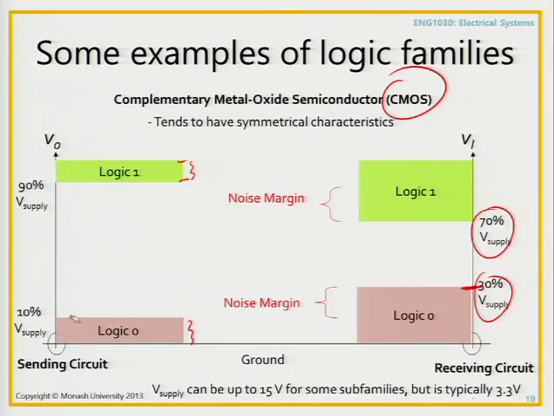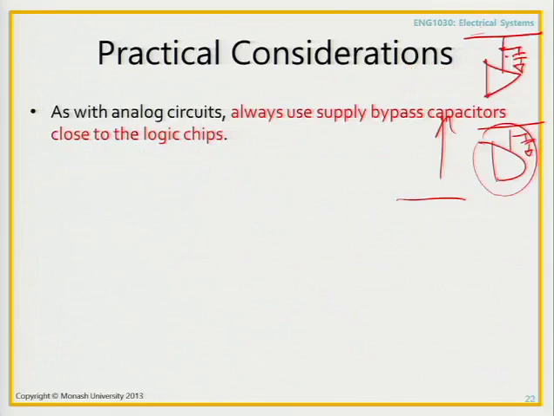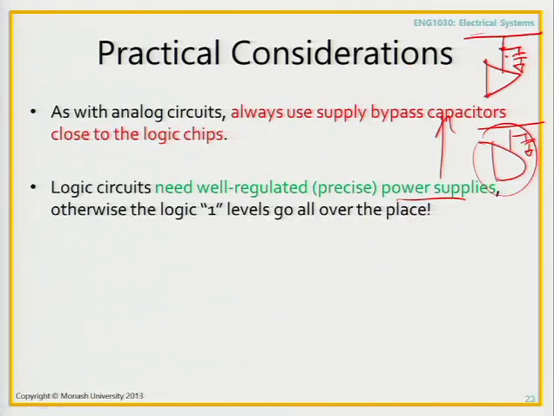CMOS will look at the voltage levels relative to the maximum voltage, and if that maximum voltage fluctuates up and down, then it goes without saying that these levels will all fluctuate up and down. So you need to make sure that this V supply level is really, really well defined.